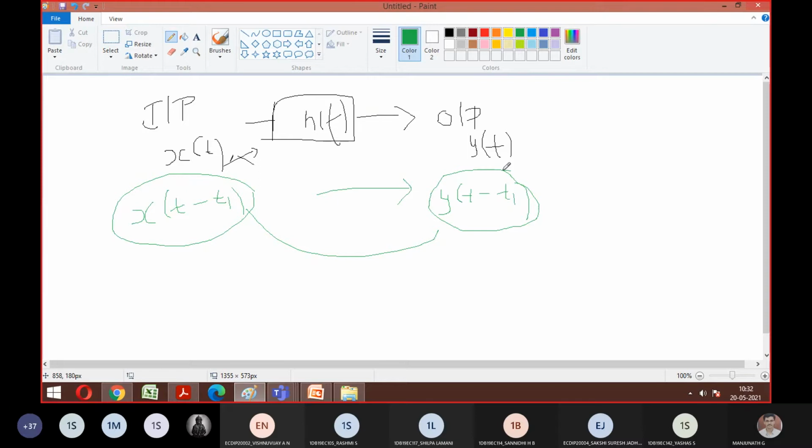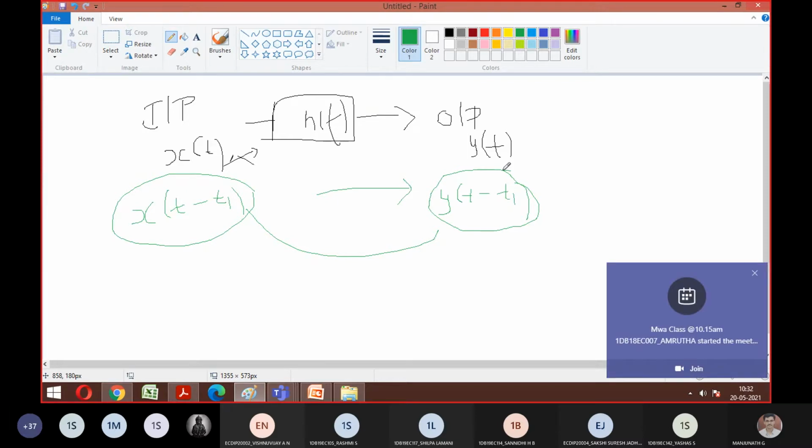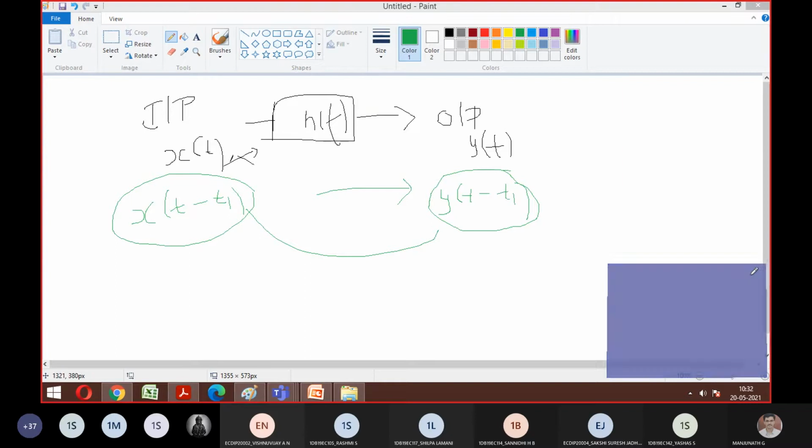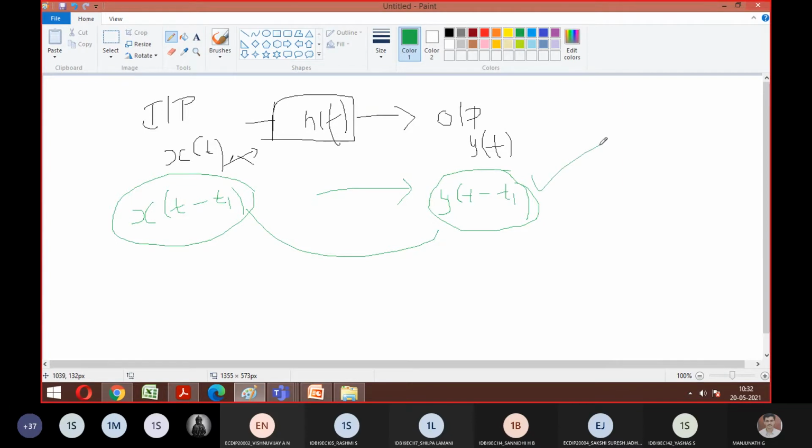It is fixed. If I say time invariant, if there is a small change with respect to my input, the same happens with respect to the output. For example, the arrival and departure of your bus or train or flight. Is it a part of time invariant? See, if there is a delay with respect to your bus, assume that you want to get a bus at 10 o'clock, it may be delayed by 10-15 minutes.